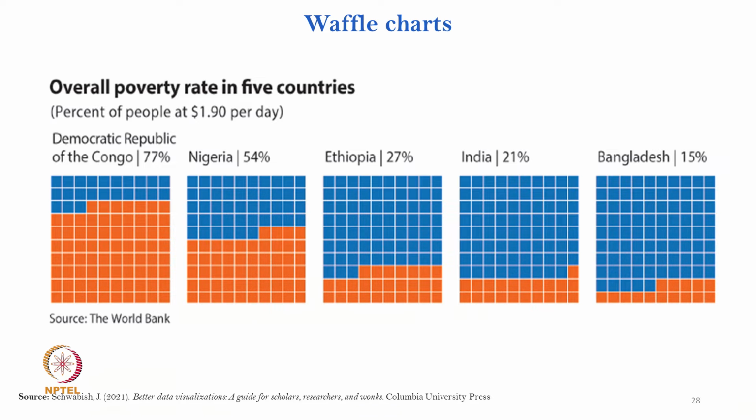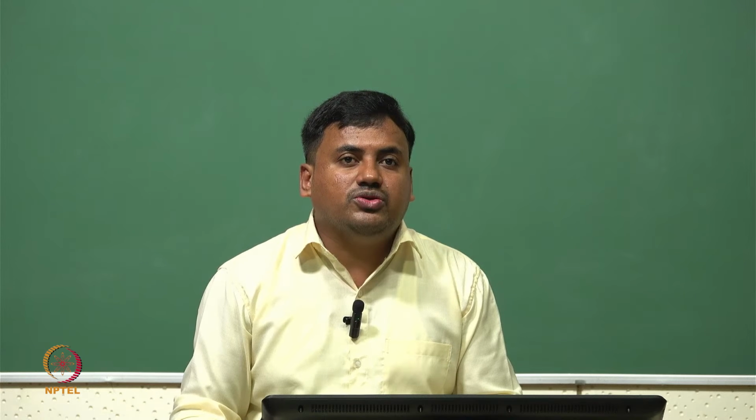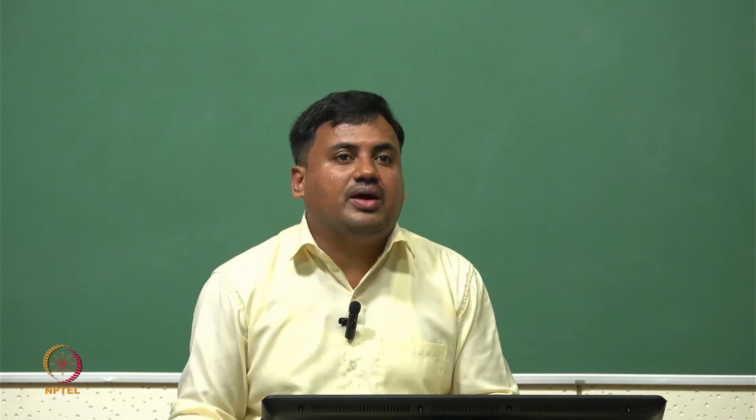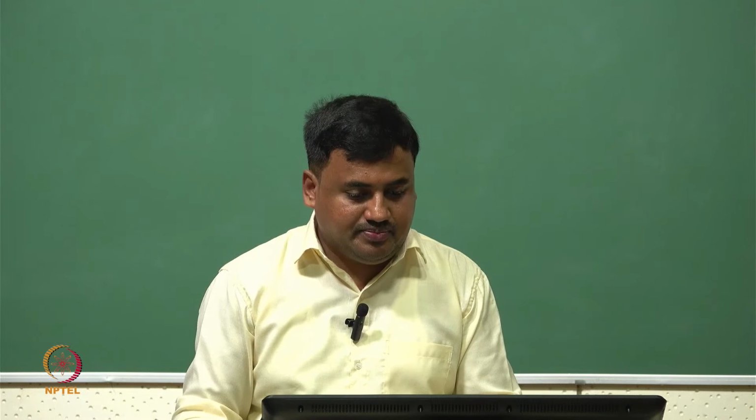Another category of charts is the heat map. A heat map is a table with color-coded cells. They are often used to visualize high-frequency data, or when seeing the general patterns is more important than the exact values. It is often used to visualize complex data sets and identify patterns, trends, and variations in the data.